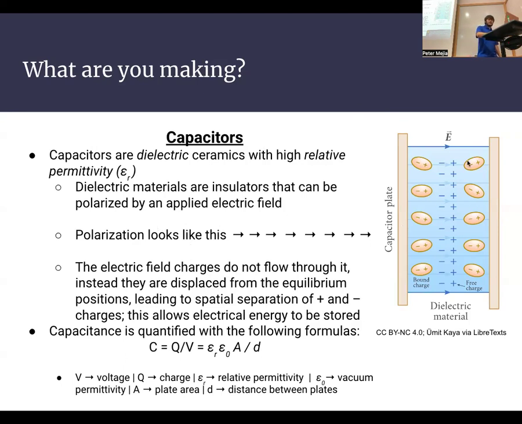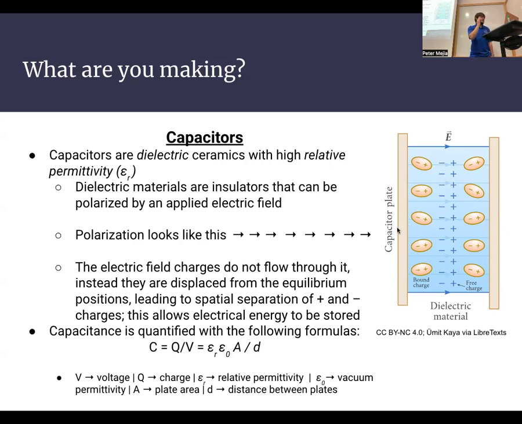This is what polarization looks like on the right side. You have your two plates, and then positive and negative. An electric field is generated and then you get positives and negatives depending on the charge associated with the particles. The electric field charges do not flow through the material, so we have this dielectric material in the middle.